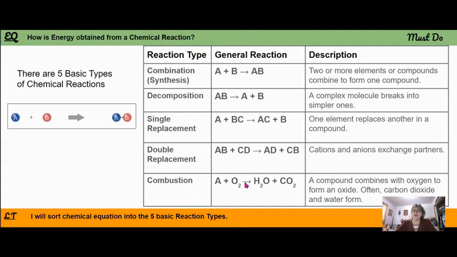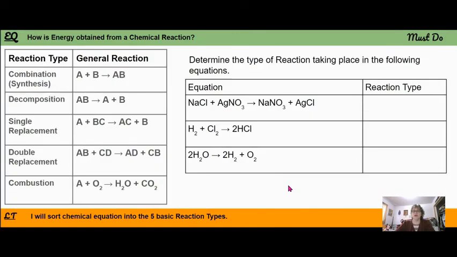What we're going to get out of that reaction is water and carbon dioxide. If there are other elements other than just A and O, then you could have single elements over here. But we're just going to leave it right now at a single element plus an oxygen molecule, and we're going to get water and carbon dioxide.